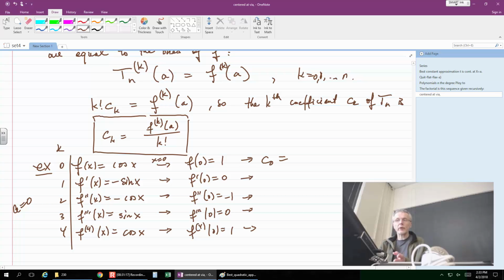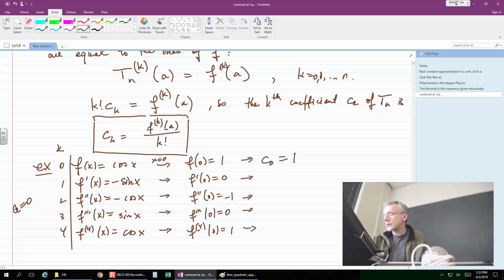I don't have the formula yet, but I have computed the numerators, right? Look at it. I have the numerators in that last column, so I just have to divide by k factorial. So 0 factorial will be 1, so it will be 1.